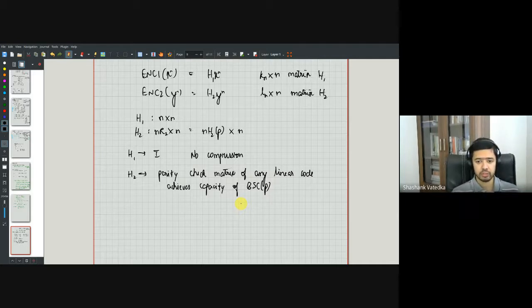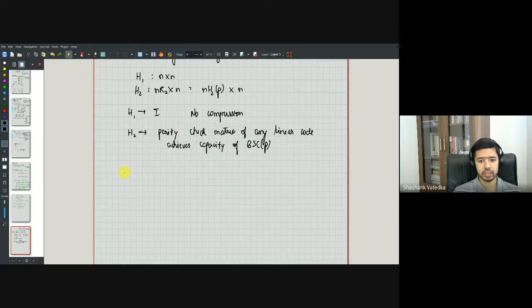Okay. So if you know what this means, it's fine. If it doesn't, then just don't worry. All that matters is that there exists a linear code which achieves the capacity of the BSC, and this is one matrix which corresponds to that particular code.